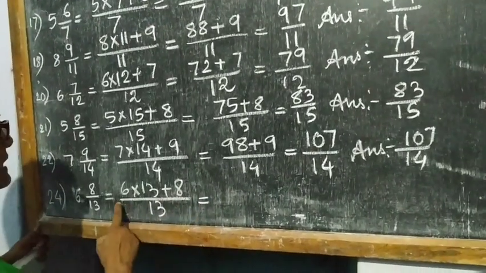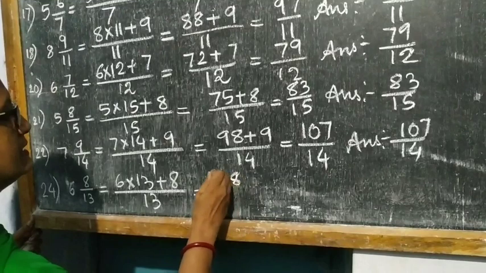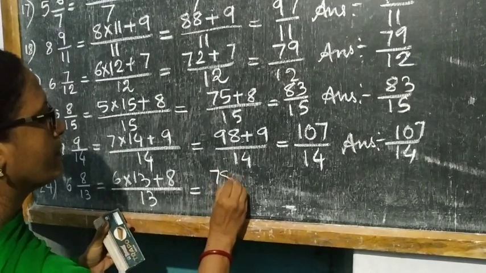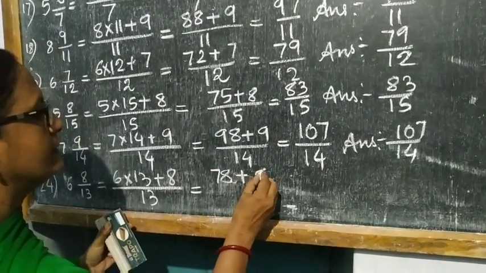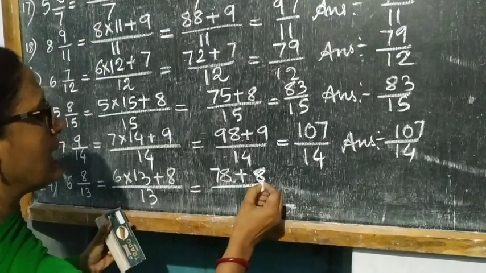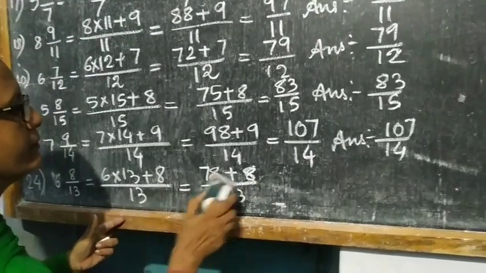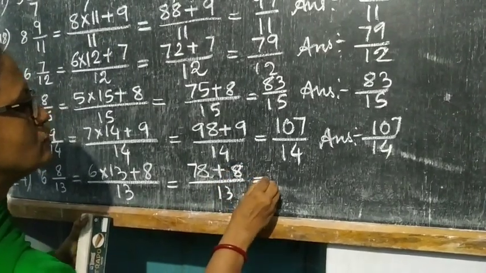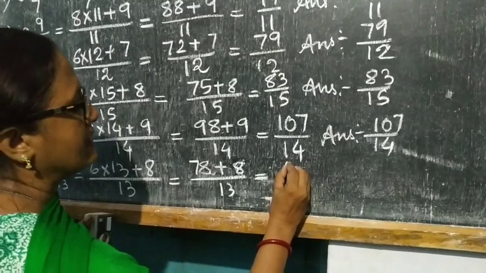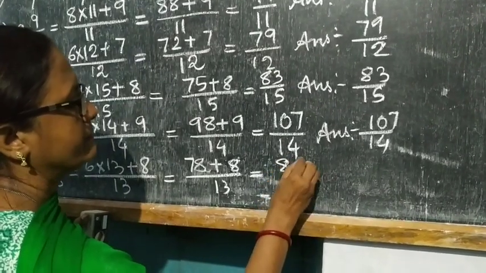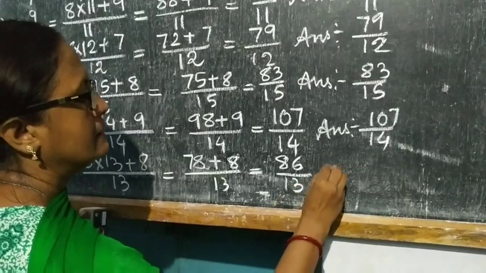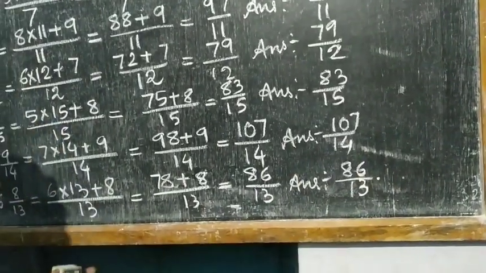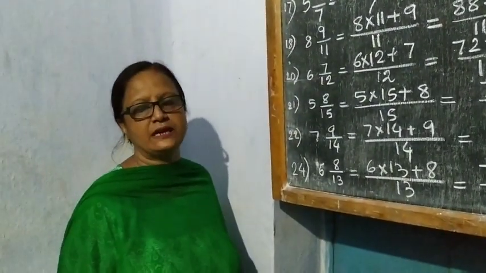So 6 into 13, 78 plus 8 by 13 equals 78 plus 8, 86 by 13. So the answer is 86 by 13. That's all for today.